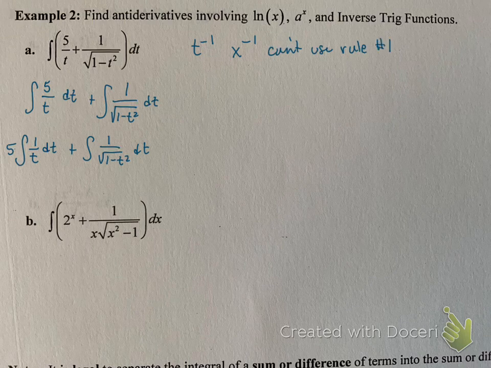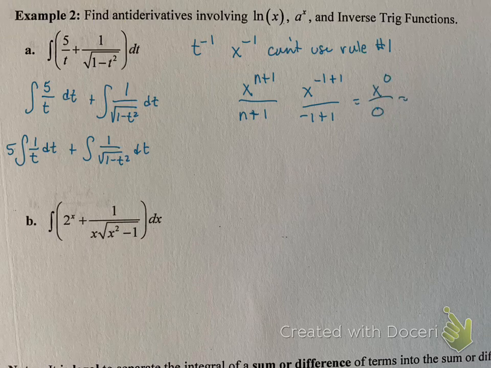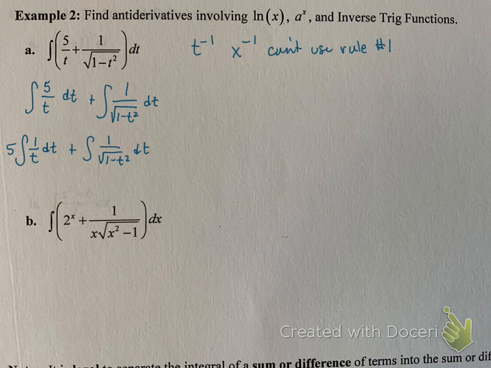Because remember, rule number 1 says we do x to the n plus 1 over n plus 1, right? So if I did that, here's what would happen. I'd get negative 1 plus 1 over negative 1 plus 1. So basically I get x to the 0 over 0, which is 1 over 0, which doesn't work, right? So that's why we cannot use rule number 1 for anything that is to the negative 1 power.